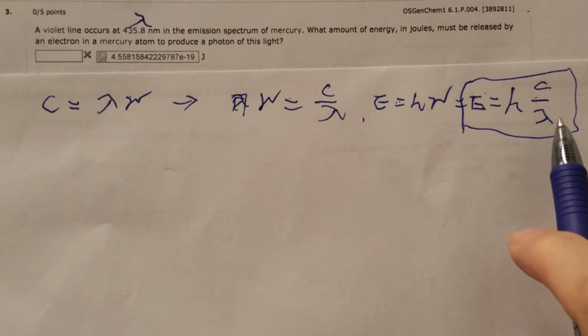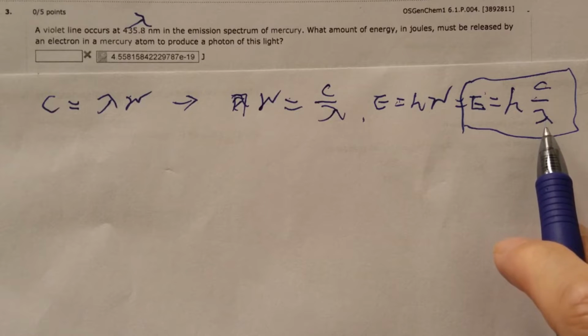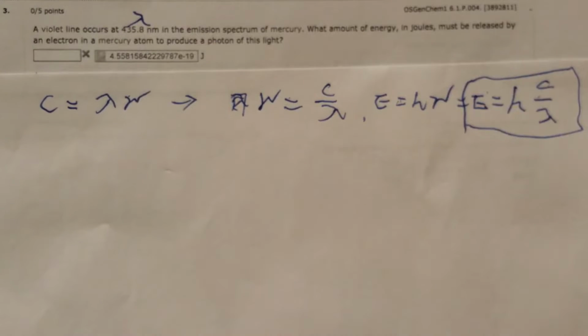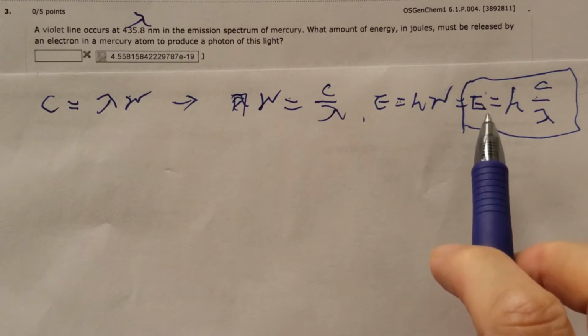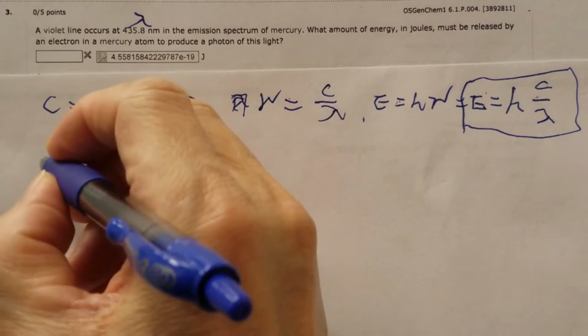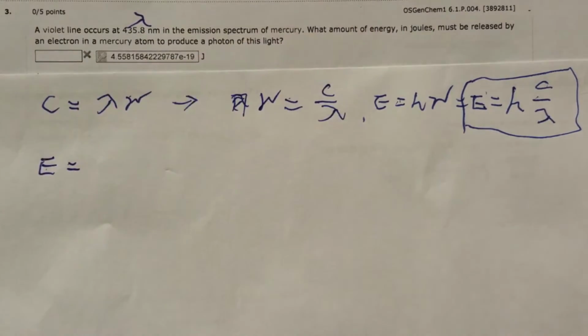The only other piece of information we need is the wavelength, which is given as well. So we will just use this equation to work on this problem. So E equals, what is h?